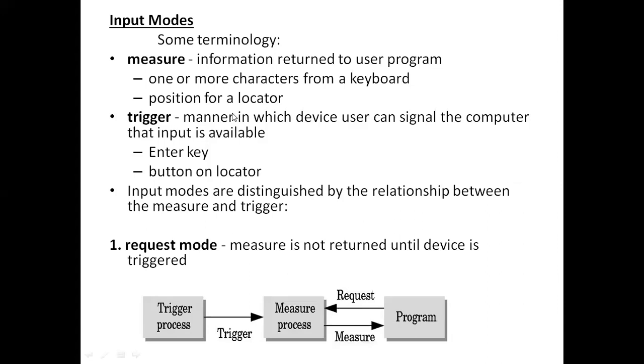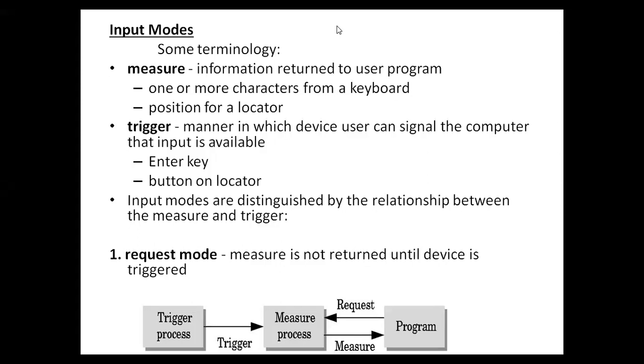For example, here on the screen, if I want to see who all the participants are, I will go to this participants option. This is the locator, where the position of the locator has been passed as an input. Now if I want to see who all are here, what is my trigger? My trigger is a click. As soon as I click, it shows who all the participants are.